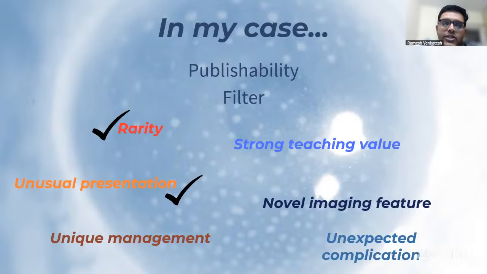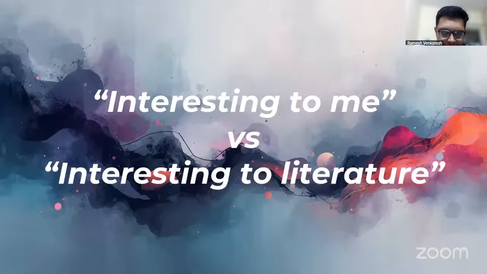It also presented with an unusual presentation: we don't come across cases of intraocular inflammation presenting with large diffuse keratic precipitates and dense vitritis. It also presented an unexpected complication. So if you look at the publishability filter, we had 3 points, which tells us why this particular case is probably publishable material.